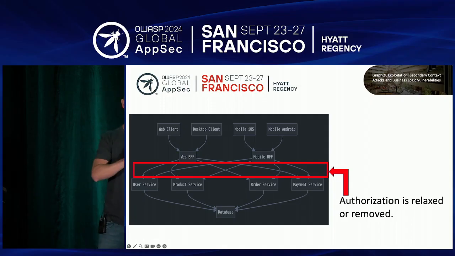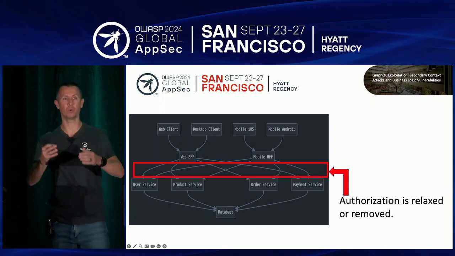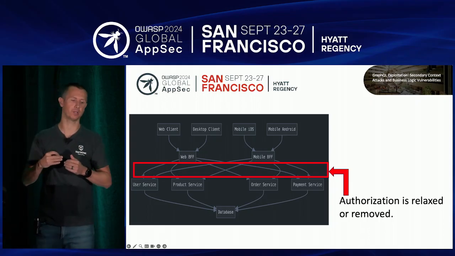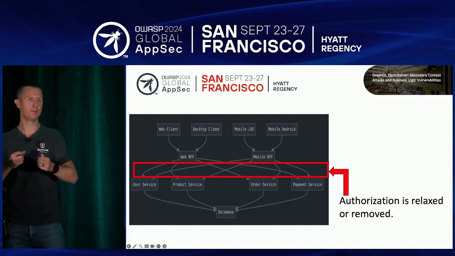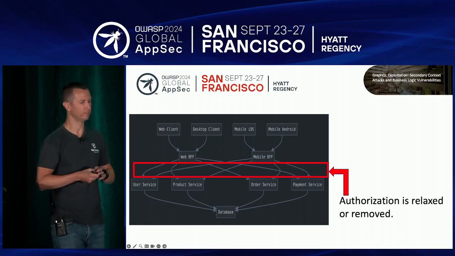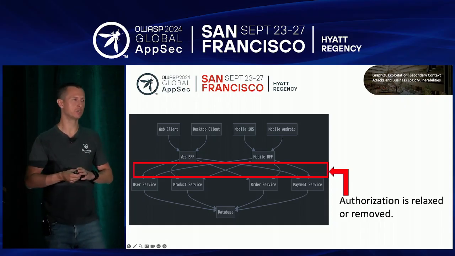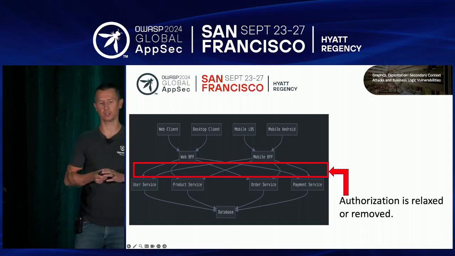However, if we can modify where the BFF is requesting from, we also inherit that authorization header as the attacker. And so instead, let's say we hit the order service, the payment service, and we gain access to additional data. So it's a key component: if this is in place, it usually really opens the door to a secondary context attack.